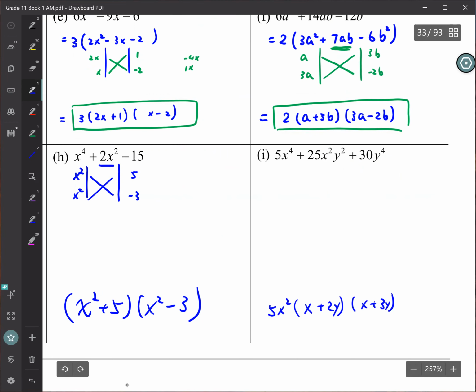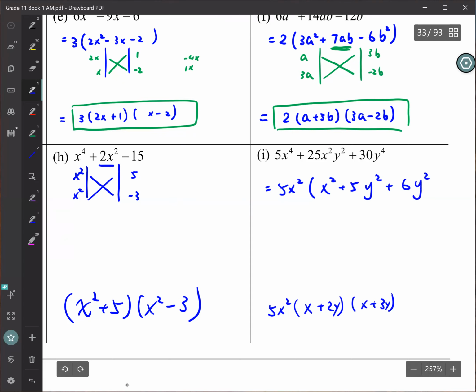So 5x squared is the GCF. Okay, let's check. So 5x squared, we take it out, then you should be left with x squared plus 5y squared, right? And then plus what?